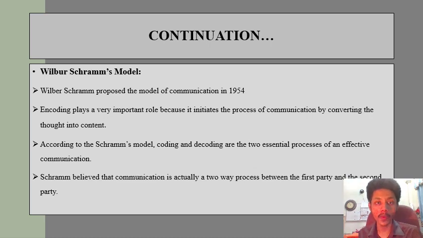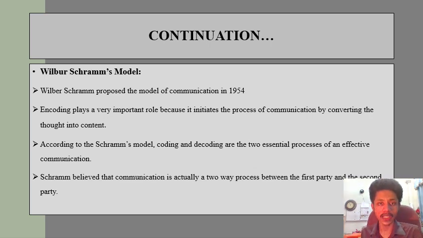Encoding plays a very important role because it initiates the process of communication by converting the thought into content. When the information reaches the recipient, his primary responsibility is to understand what the speaker intends to convey.